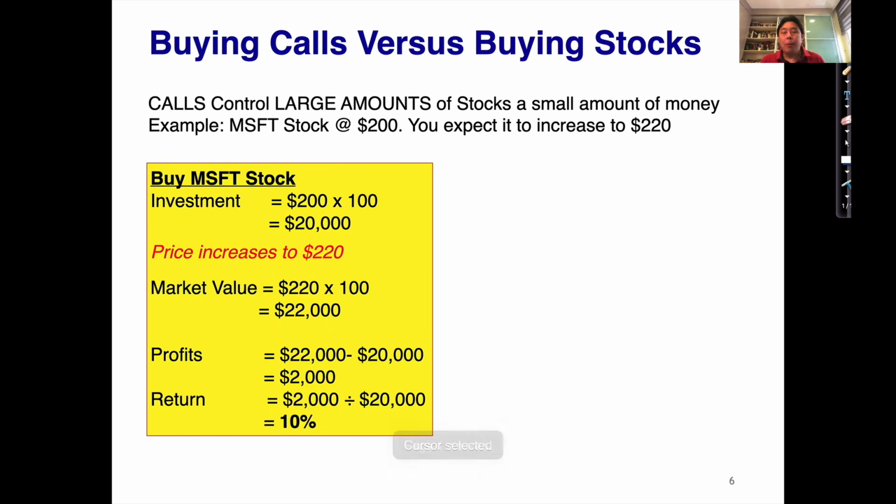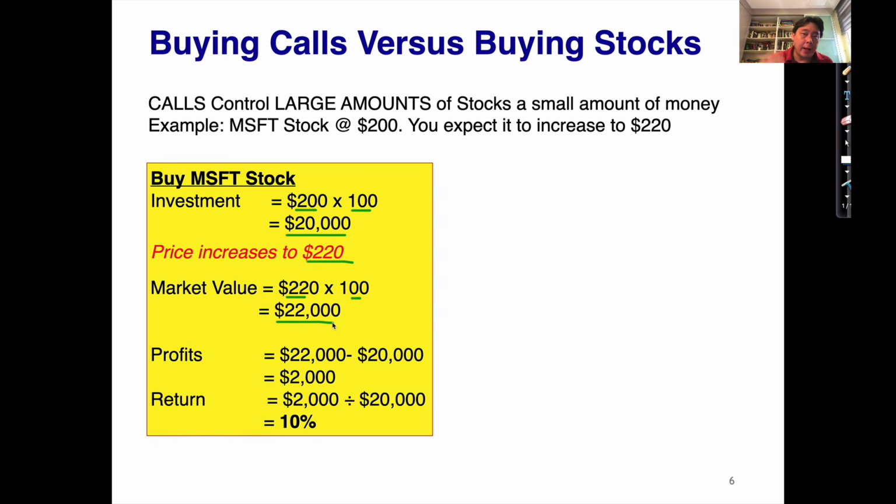Scenario number one would, again, be to just buy the underlying shares of stock. Let's imagine you want to buy 100 shares. So you pay $200 for 100 shares. That will cost you $20,000 in capital. And if Microsoft increases to $220, now your shares are worth 220 times 100, which is $22,000.